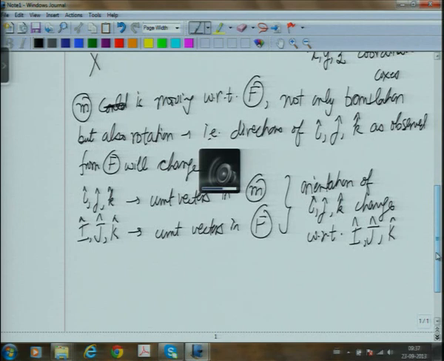And since we are talking of m with respect to f, we don't bother about what happens to f, whether orientation of capital IJK changes or not. But for all practical purposes, we assume this to be a fixed frame.